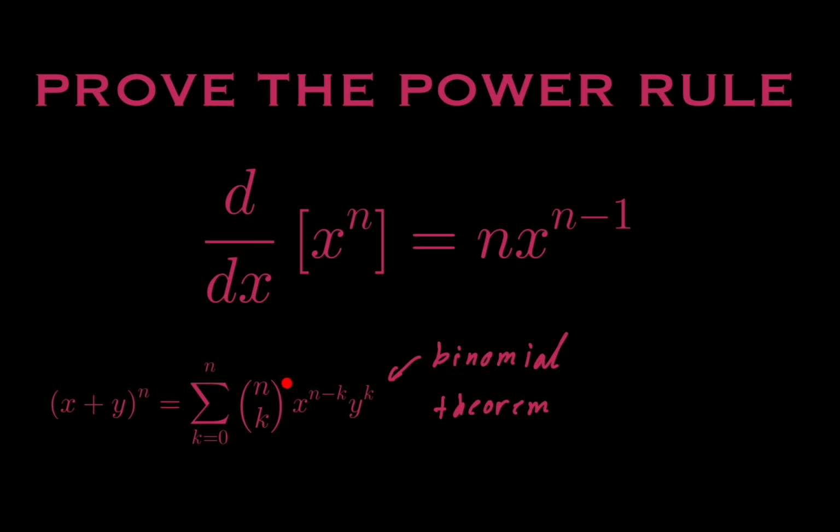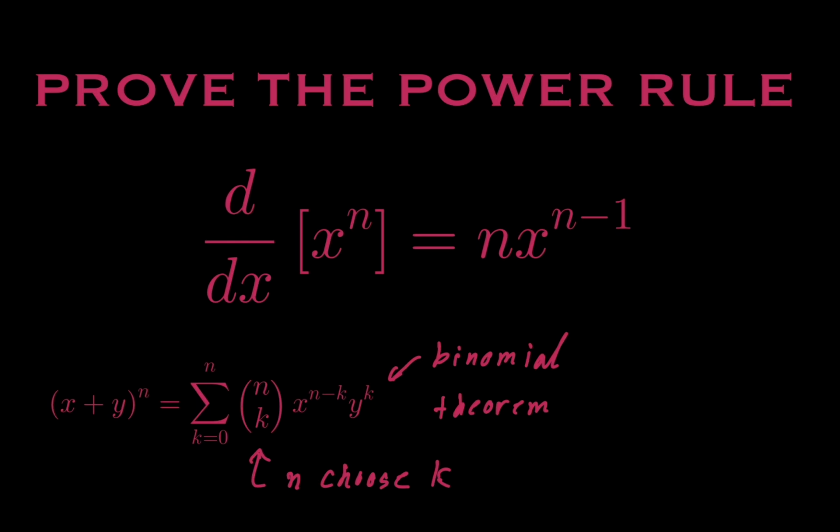And then we have this weird looking thing right here. This is n choose k. So let's write this down. This is n choose k. And what n choose k means, this is the number of ways to pick k objects given n objects, and we're going to assume that k is less than or equal to n, where order doesn't matter.